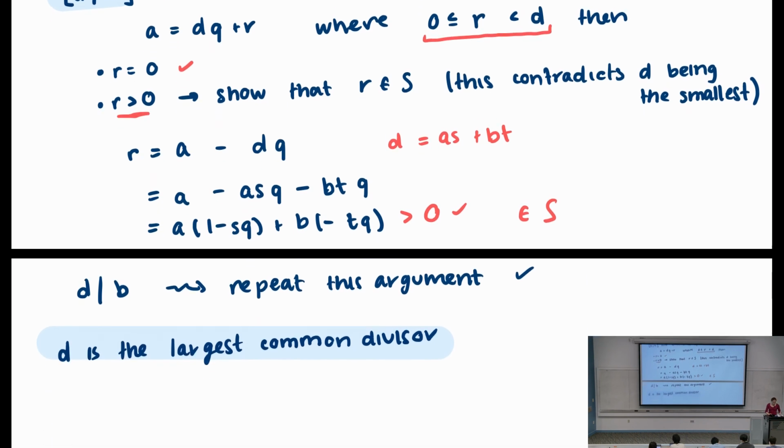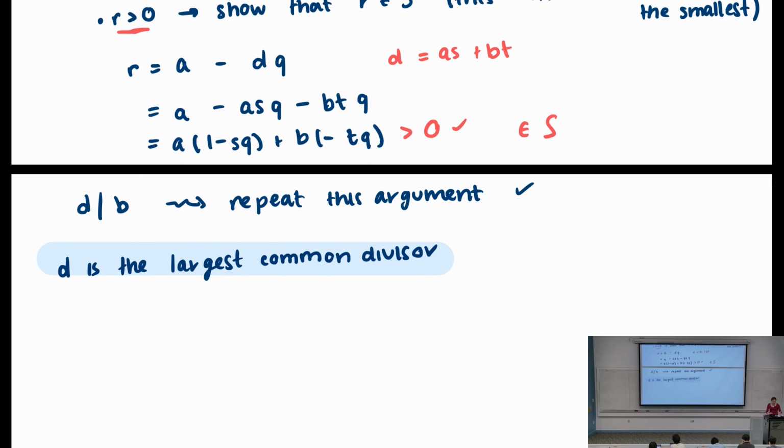Okay, so what is the strategy that we're going to use to prove that D is the largest among all possible common divisors? Do you have a suggestion? Could you assume that you have a larger divisor, then try to prove that? Yeah, so I'm going to do something very similar to that.